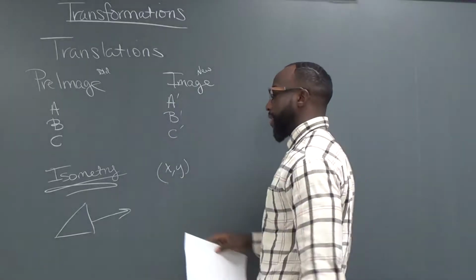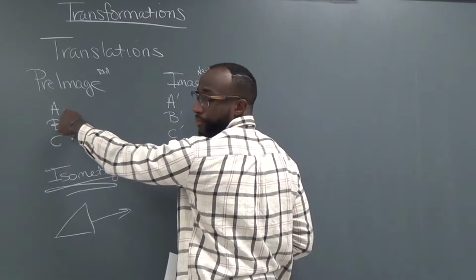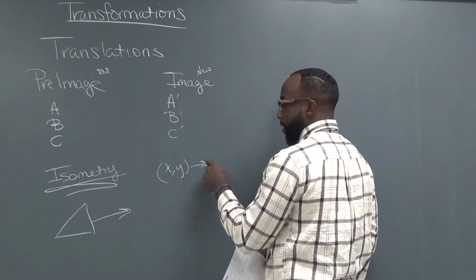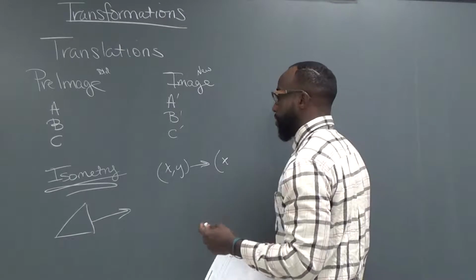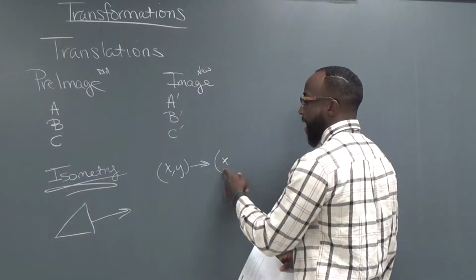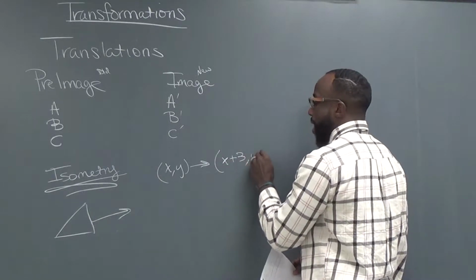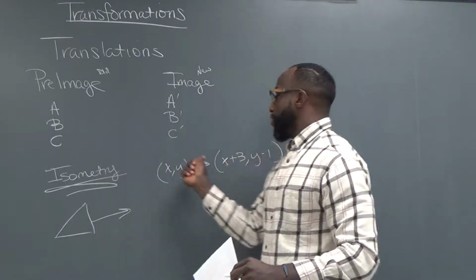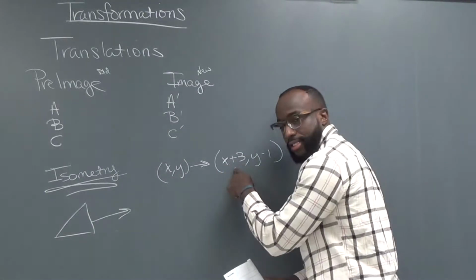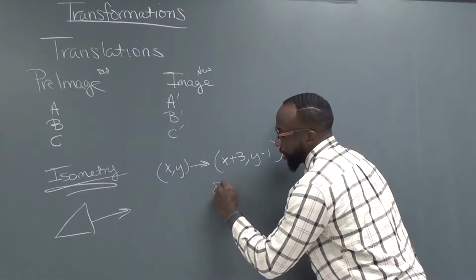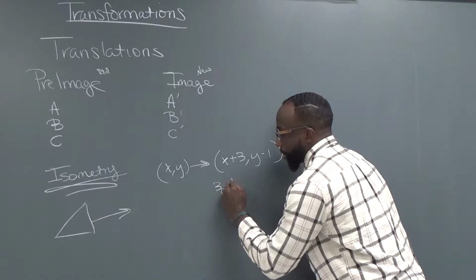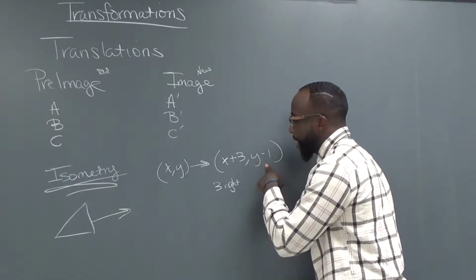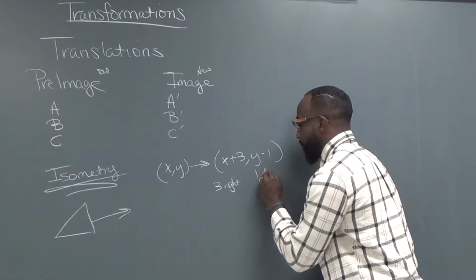So the first thing they'll say is x and y, which is talking about a point or vertex, translates to a new place. So for instance, if we had x plus 3 and y minus 1, what this is saying is that the pre-image is going to move 3 places positive on the x-axis. So that's going to be 3 places to the right, and 1 space negative in the y direction. So that's 1 space down, right?